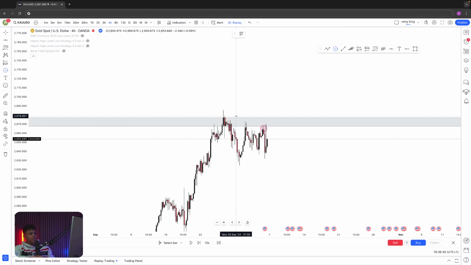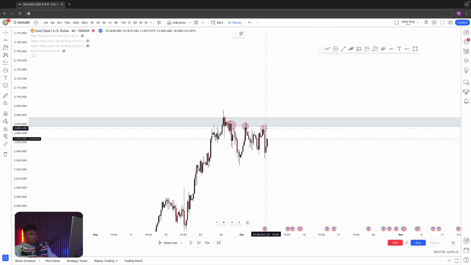We had rejections right here. You can use this as a rejection as well. We had rejections right here, and then right here. And remember, we're on a 4-hour time frame, so this should be very, very well respected if your bias is bearish at the time as well, fundamentally wise.